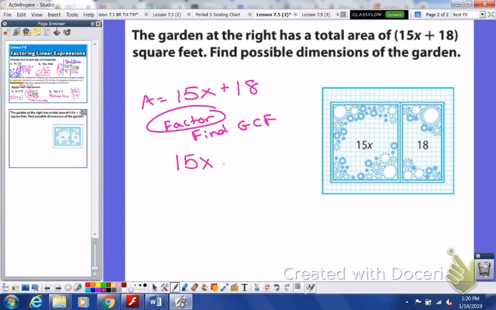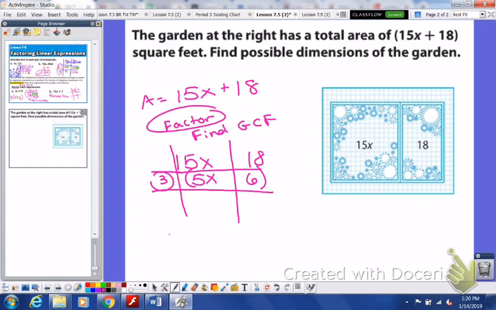So 15x and 18, let's make our board. What can I factor out of 15x and 18? I can factor a 3. 15x divided by 3 leaves me with 5x. 18 divided by 3 leaves me with 6. Nothing else factors into 5 and 6. 5 has an x, 6 does not. So this is one of my factors, and this is the other.